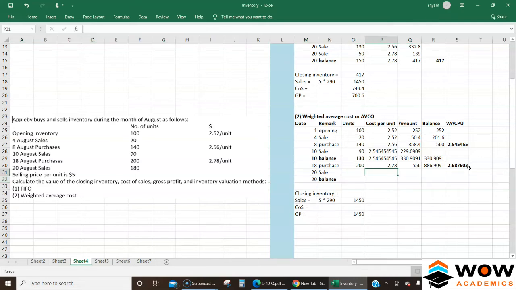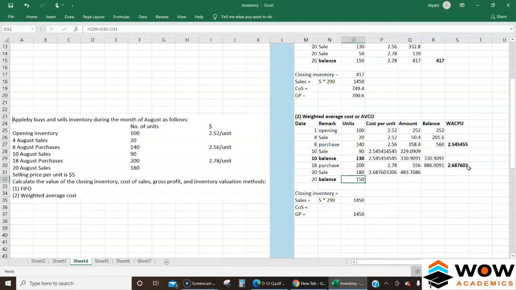So on 20th, we have 180 units to be sold. The rate would be this rate, and the amount would be 483.7. So as a balance, how many units will we have? Earlier we had 130, then 200. So we have 130 plus 200 minus 180.